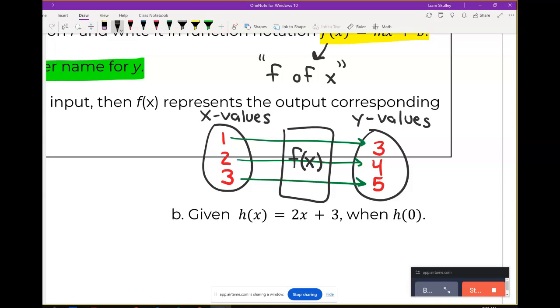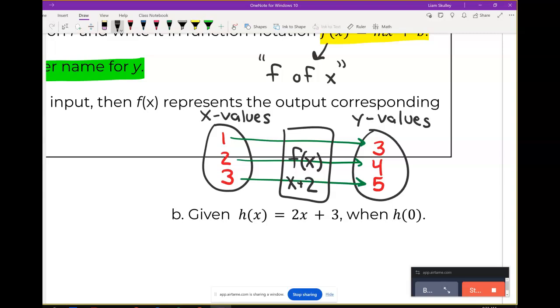Think of it as a machine: you put something in, it does something, it spits something new out. What this machine is doing is taking each of our input values and adding 2 to it. It's our x value plus 2, we get 3. Our x value plus 2, we get 4. Our x value plus 2, we get 5. So our f of x function would be all of our x values plus 2.